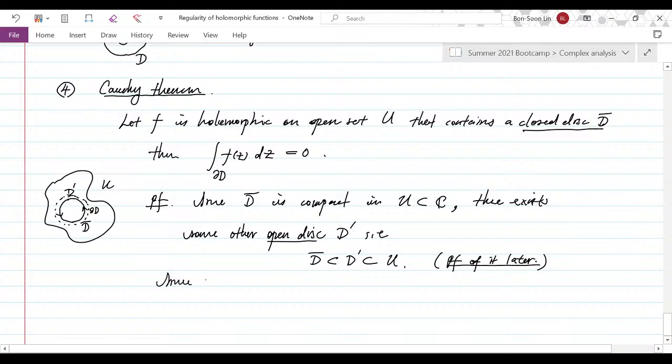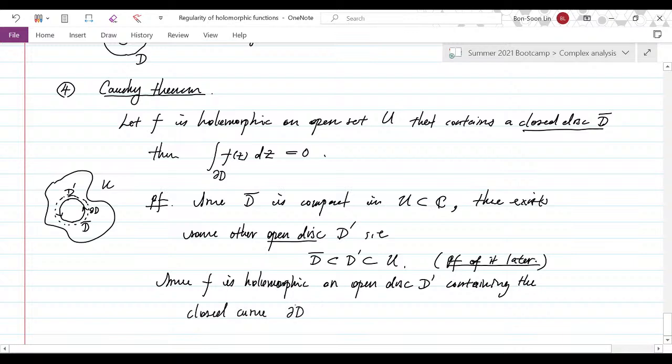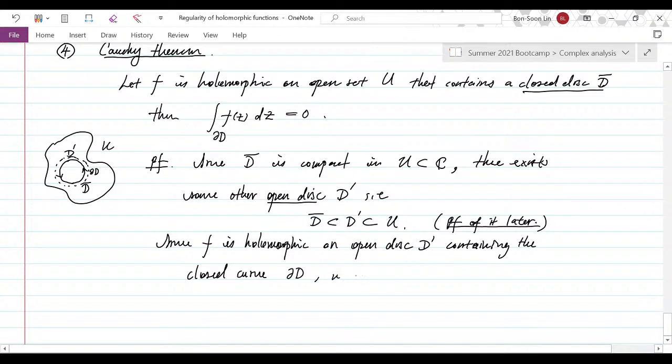So since F is holomorphic, this is just crossing the I's and dotting the T's here. Since F is holomorphic on the open disk D prime containing the closed curve, the boundary of D, then we have precisely what we want: the integral along the boundary of D of f of z dz is equal to 0.